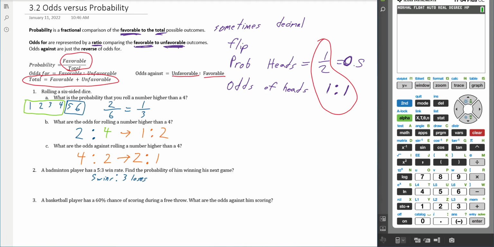We need to change it from an odds question to a probability question, so we need to think about the total. Total is favorable plus unfavorable, so 5 plus 3 equals 8. Now that we have the total, we put that on the bottom, and we put the favorable, 5, on top. And so that is our probability.